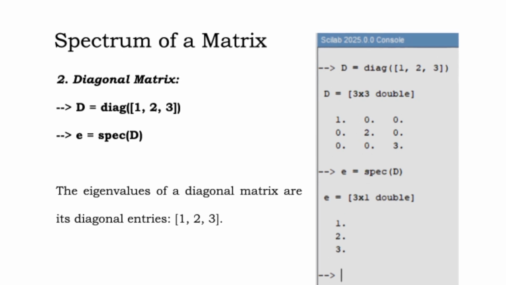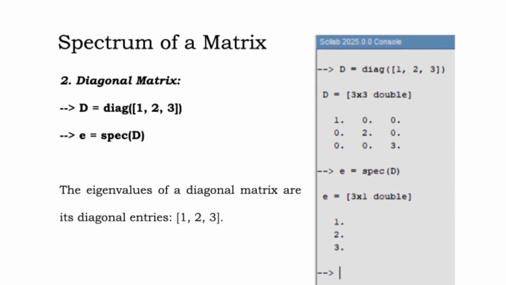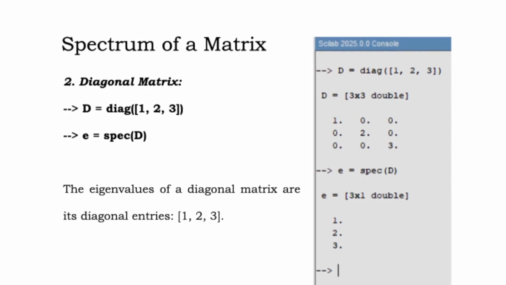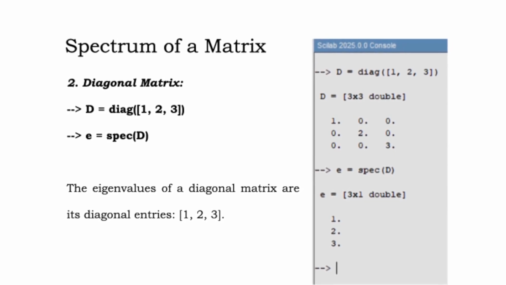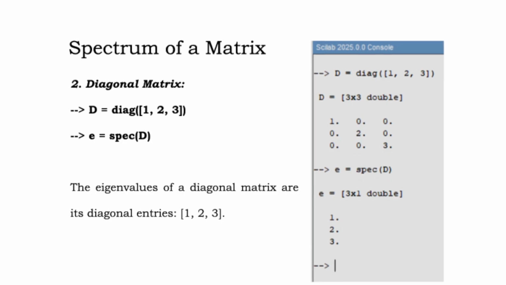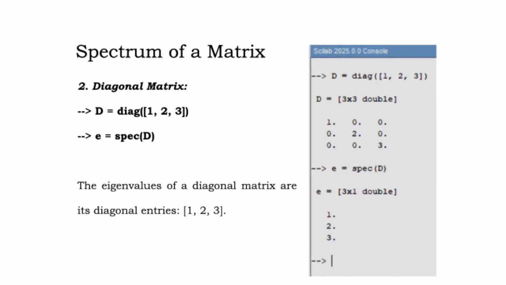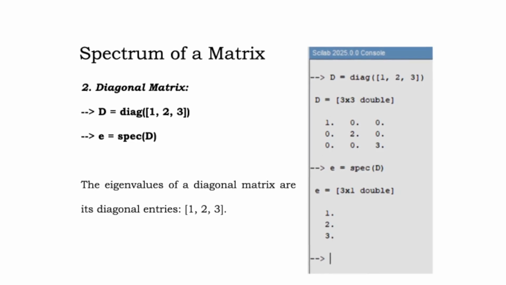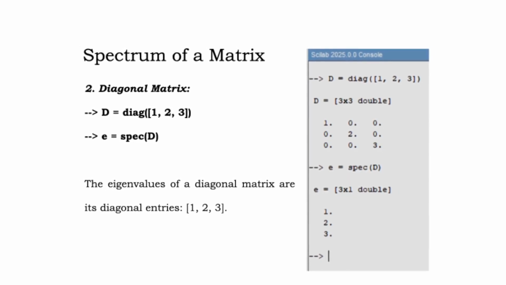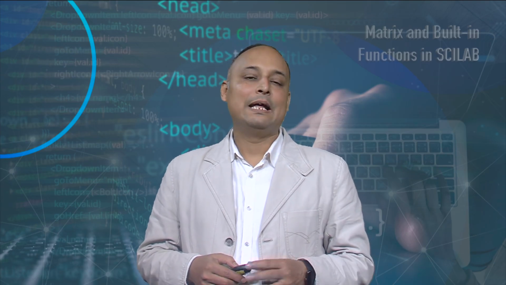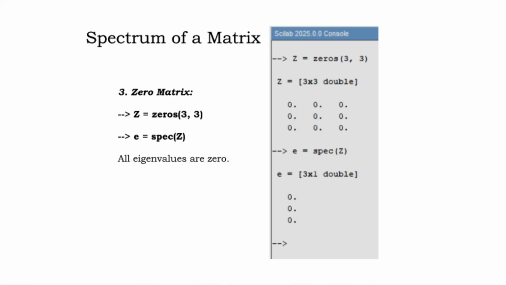Diagonal matrix: D is equal to diag([1, 2, 3]). E is equal to spec(D). The eigenvalues of a diagonal matrix are its diagonal entries, 1, 2 and 3 only. Zero matrix: Z is equal to zeros(3, 3). E is equal to spec(Z).